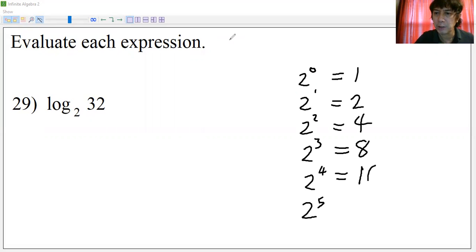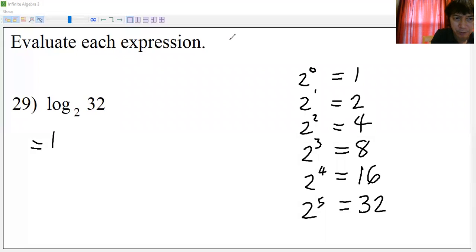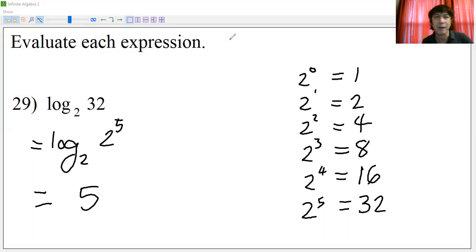This is 16. And 2 to the 5 is 32. So this can be expressed as logarithm of 2 to the 5 base 2. And you can clearly see the answer. It's a 5. And we shall be able to check on that. It's a 5. All right, we're correct. And we shall continue with the next.